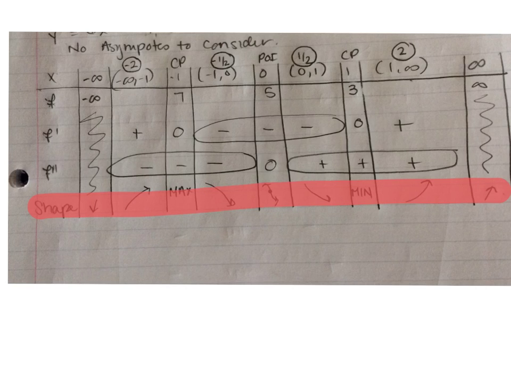That's the extra row that's the key here. Sure enough, around my CP, my concavity didn't change. Around my point of inflection, my decreasing didn't change. And now I also have some point values that I can use to graph those things and just get a general perspective of what this graph looks like.